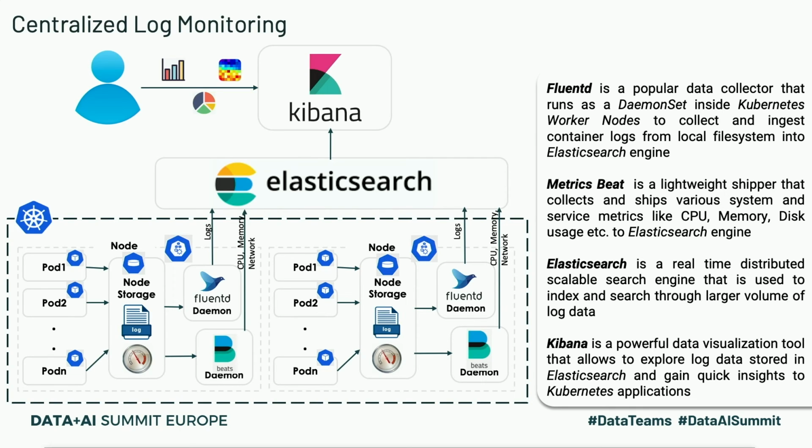Fluentd and Metricbeat act as agents to transfer the logs into Elasticsearch. Fluentd is used to collect the logs from containers running under the Kubernetes cluster, whereas Metricbeat is used to collect the node and pod metrics like CPU usage, RAM, and disk usage. Kibana is used to visualize the various metrics captured in Elasticsearch.